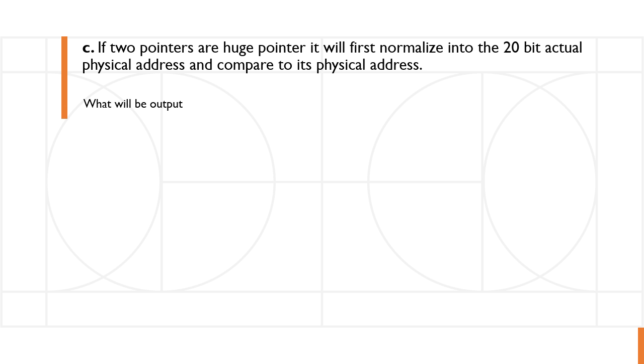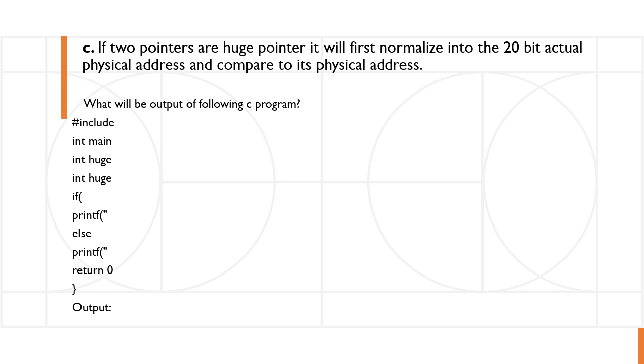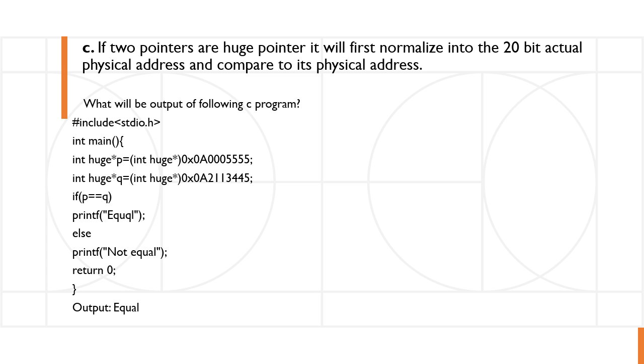If two pointers are huge pointers, it will first normalize them into the 20-bit actual physical address and compare the physical addresses. So let's check what the output of this particular program would be. Integer huge pointer p equal to this address, huge pointer q equal to this address.